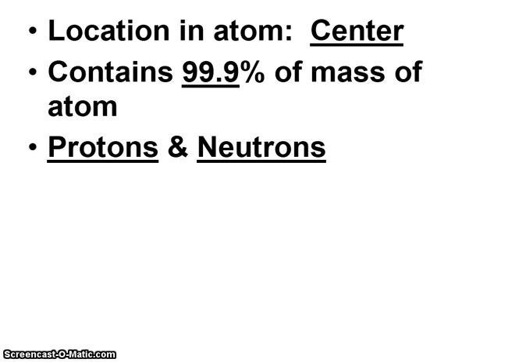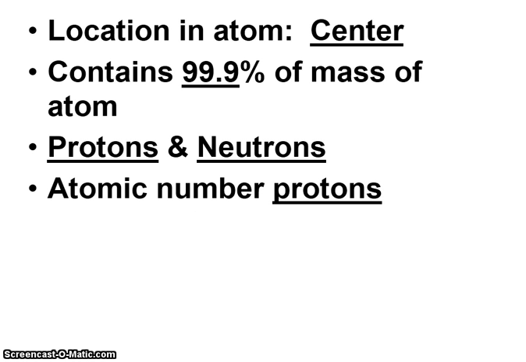The atomic number, that's one of your vocab terms, and that refers to the unique number of protons. And every atom of an element has the same number of protons. Okay, that's what gives an element its properties, the number of protons. So we'll talk more about that in a few minutes.